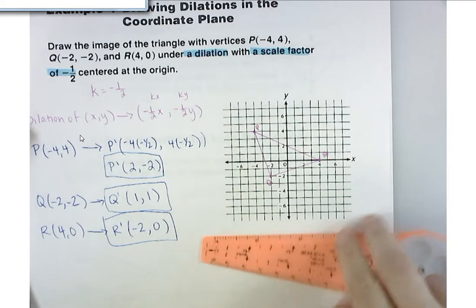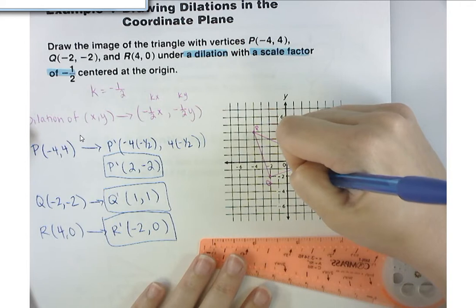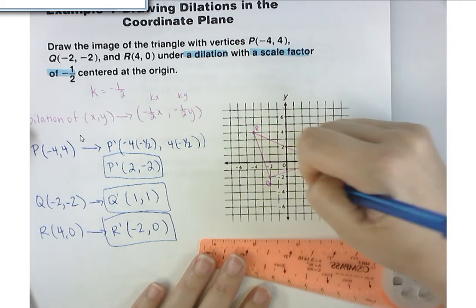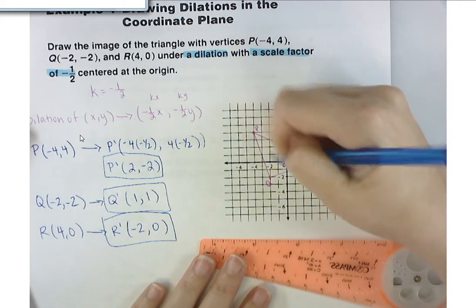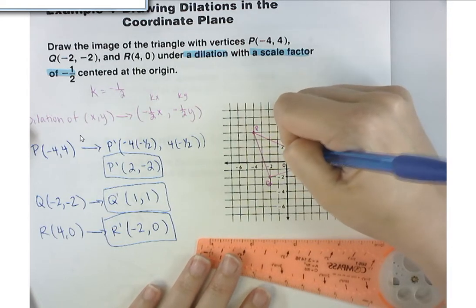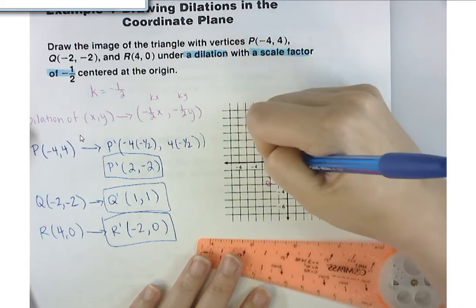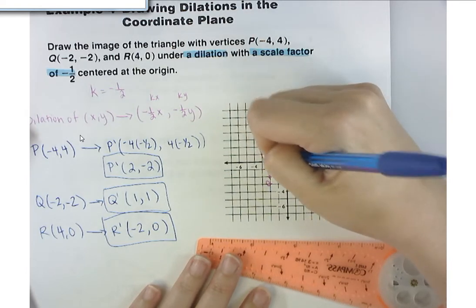Image. Okay, so we definitely want to label these. This is going to be (2, -2). So that's my P prime. And then Q is (1, 1). Then R is (-2, 0).